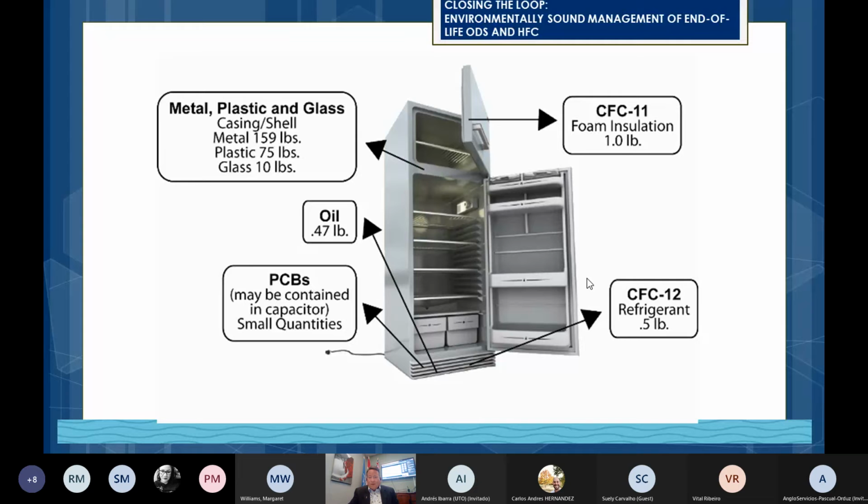So that's incredibly significant. And we know that the foam contains, of course, refrigerant. We know that there's potential PCB oils in the compressor. We know that there's other products such as mercury switches that must be properly disposed of.